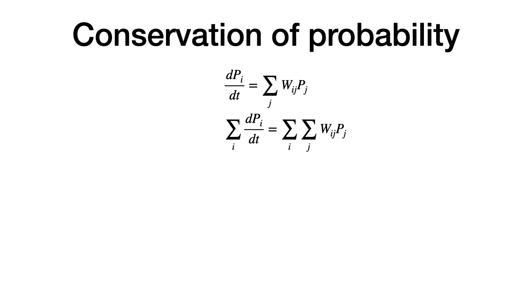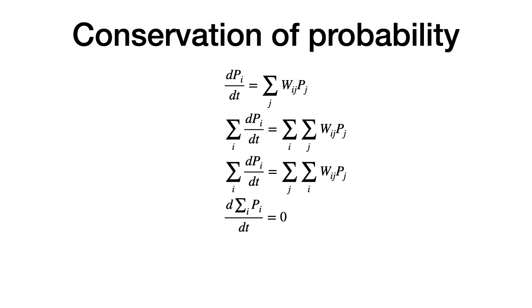But now I can interchange i and j. When I do the sum over i, it is the column sum of W, which we did earlier. The Pj does not matter; I can move it to this side, and the column sum is 0. So the right hand side is 0, precisely that. And therefore, the sum P of C1 plus P of C2 plus P of C3 plus so on, that total probability, does not change with time.